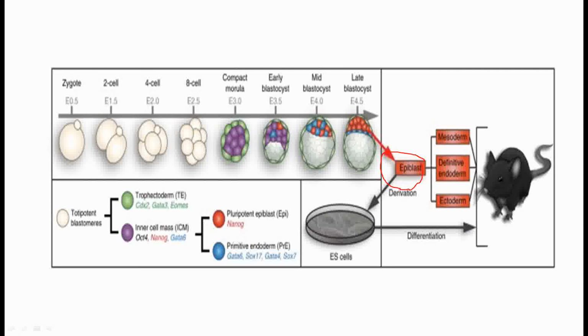Here you can see this is epiblast. This is taken for derivation in culture medium. Here embryonic stem cells go through differentiation, and you can see after differentiation these form a complete mouse body.